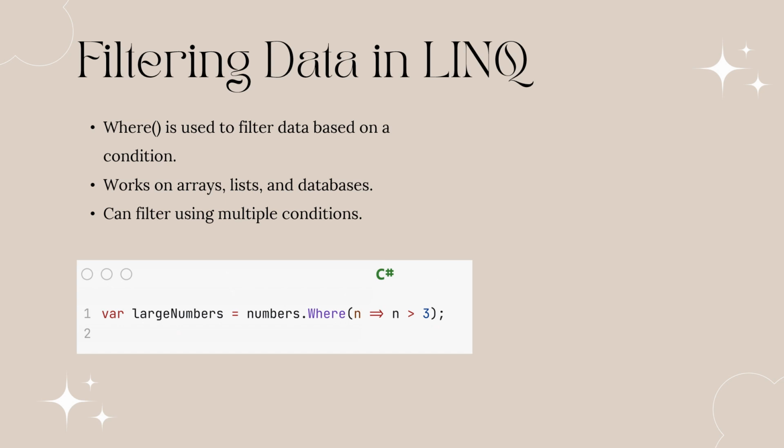Instead of looping through the list manually, we can use where to quickly get the filtered results. And we can also use multiple conditions. For instance, we might filter products in stock that cost more than $50. And LINQ makes these queries short and readable.